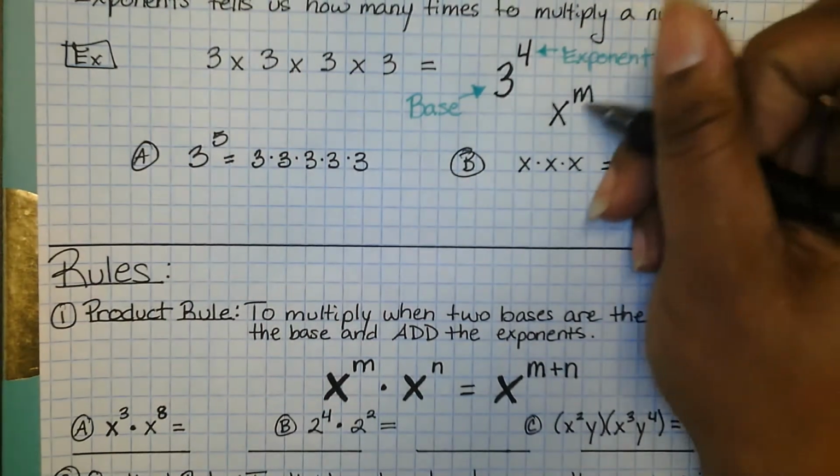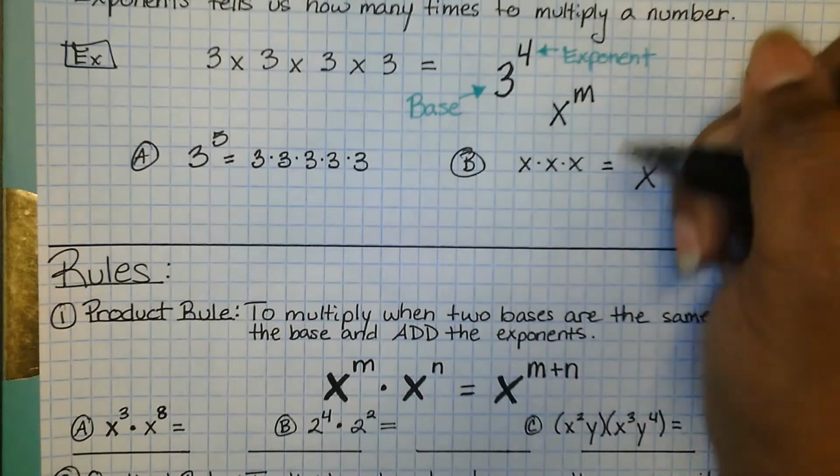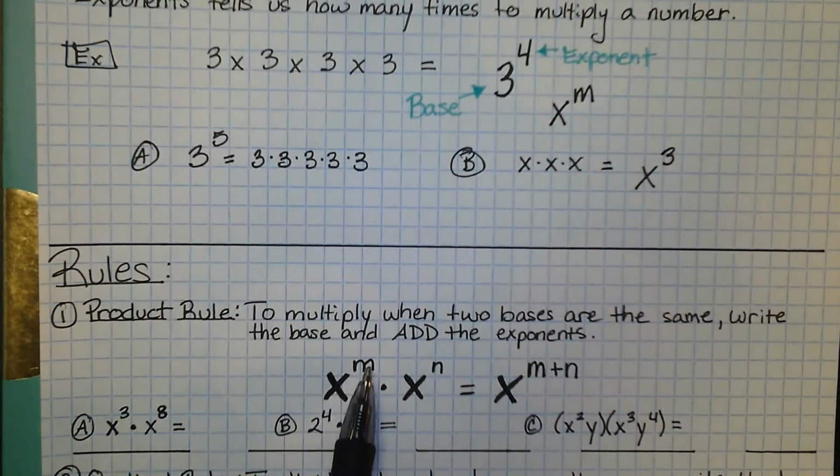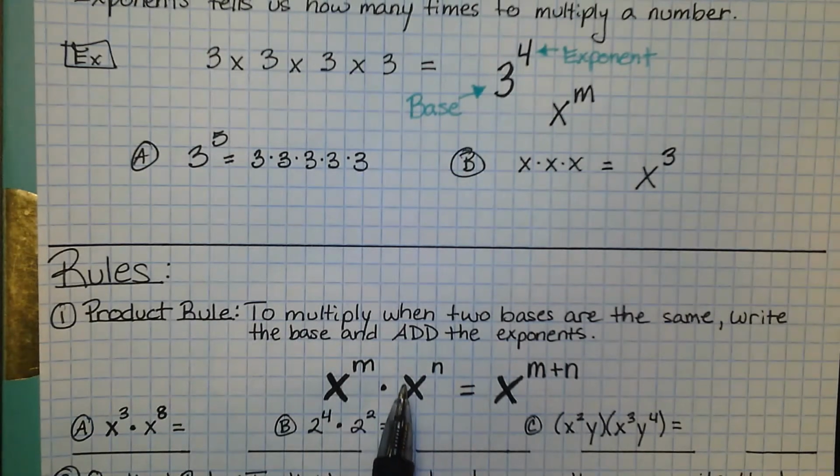So it's just a variable placeholder. Here, x to the m power is some base raised to some exponent. And here you see x to the n power. That means they have the same base, but different exponents. We're using m to represent this exponent and n to represent this exponent.